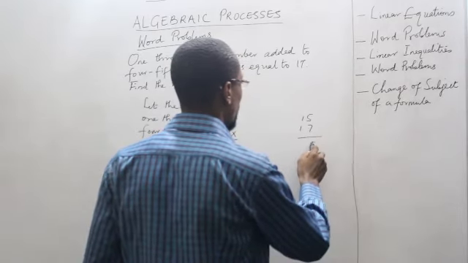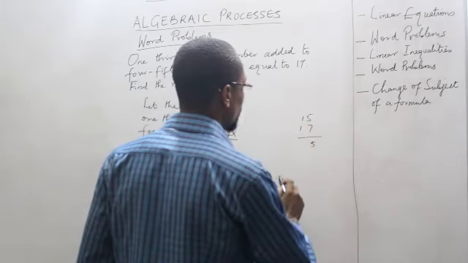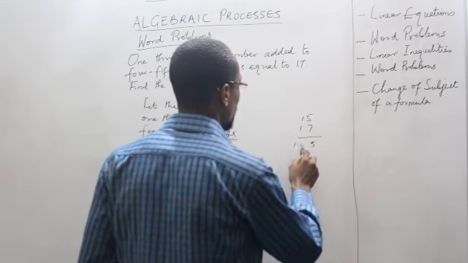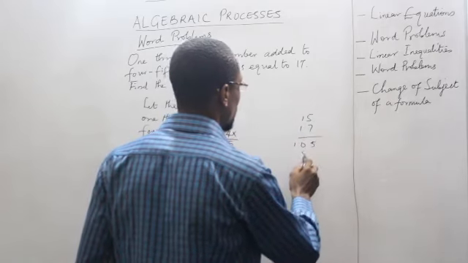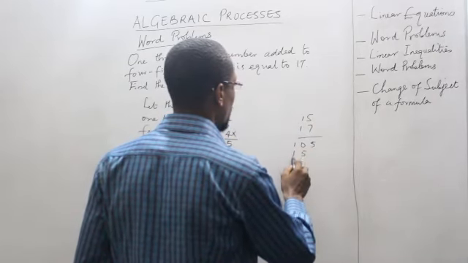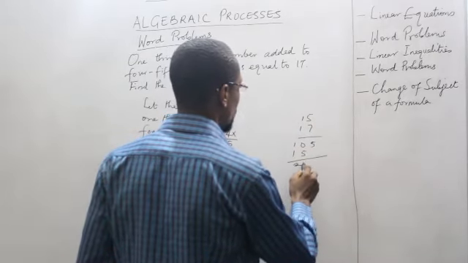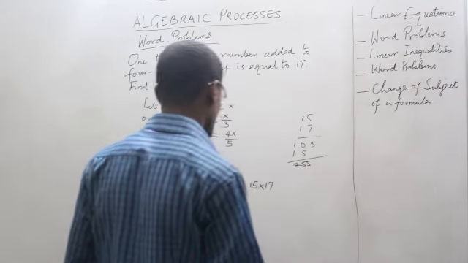We carry 3, 7, that's 10, and that's 5, and that's 1, so that's 2, 5, 5.